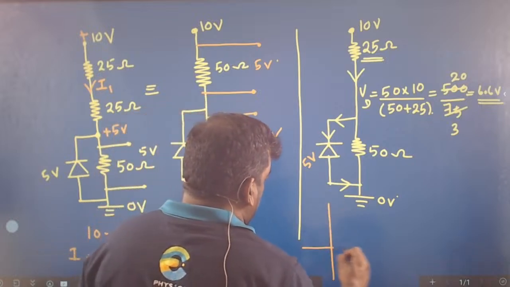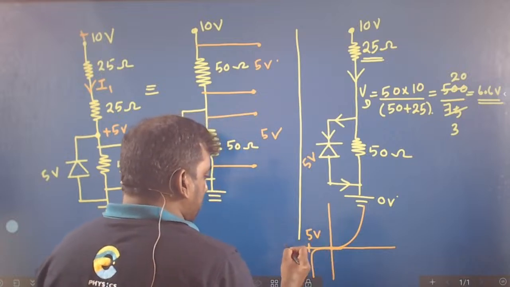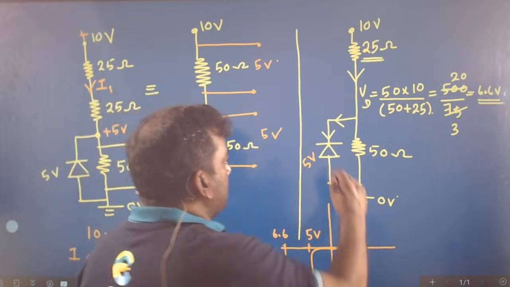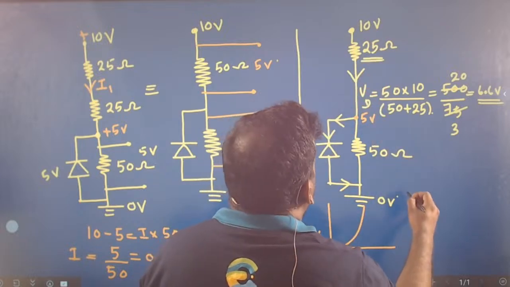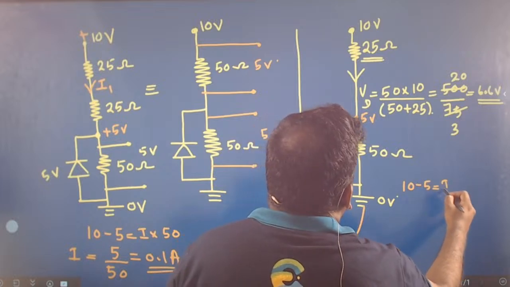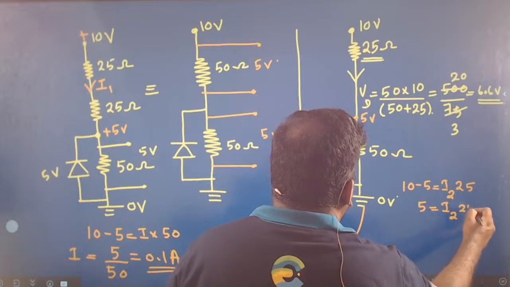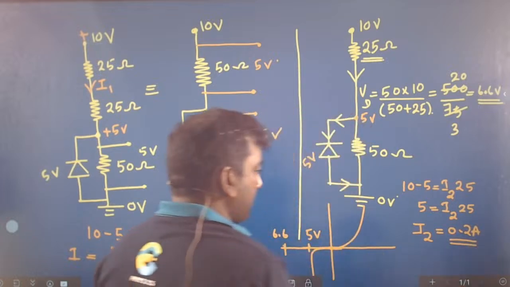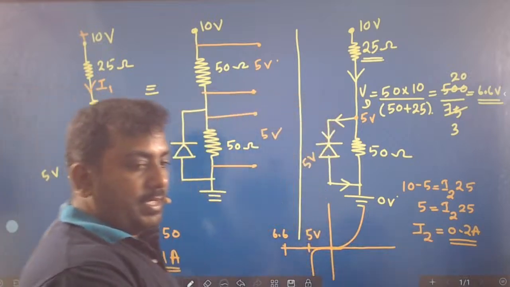You know the characteristic of a diode. Here breakdown is 5 volt, so 6.6 can't occur. So 5 volt. So 0 here, 5. Potential difference there is 10 minus 5, equals I2 times 25. I2 is equal to 0.2 amperes. So your current will vary from 0.1 amperes to 0.2 amperes. Again look at the circuit.